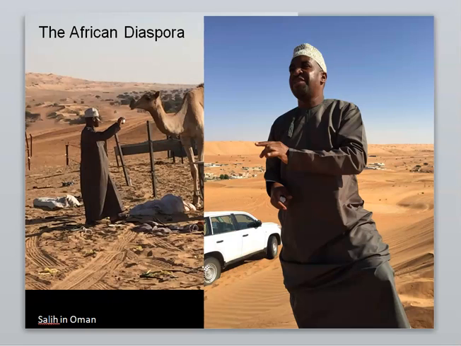And he was the one who first introduced me to the strong history of slave trading in Oman, and also in the eastern, in particular the eastern coast, but throughout the Arabian Peninsula, and would be representative of the long history of slave trading.